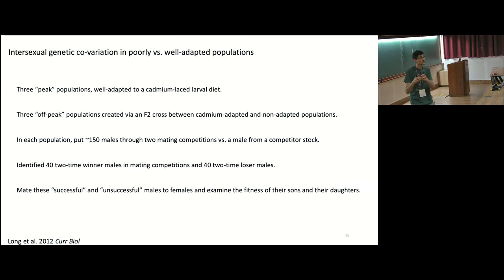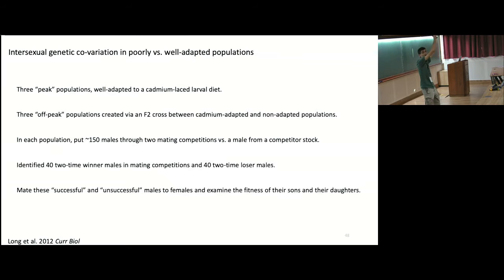So the peak populations were 3 replicate populations from a larger lab population that had been living in this particular environment. The very artificial way we created these off-peak populations was we took this original large lab population, this is in fruit flies, that had adapted to this environment, and we crossed it to another different lab population that I had that was adapted to a different environment.